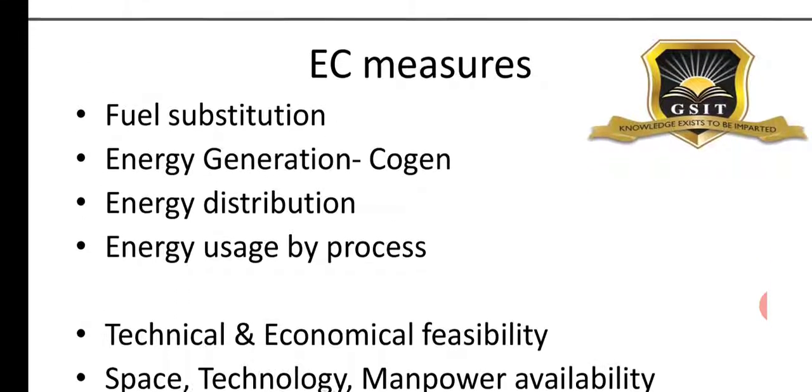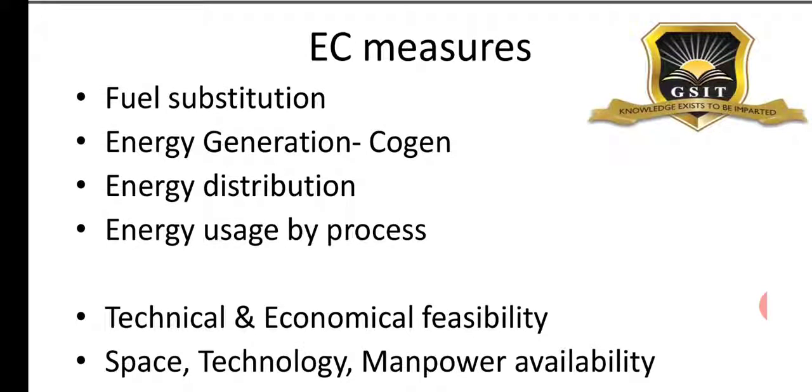Then there are some measures like fuel substitution. These are the general energy conservation measures, like cogeneration in sugar industries. Fuel substitution means that instead of using high grade energy like electric energy, even your vapor compression refrigeration systems use electrical energy.